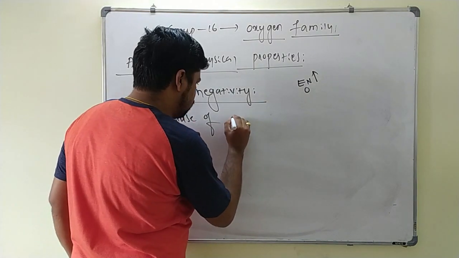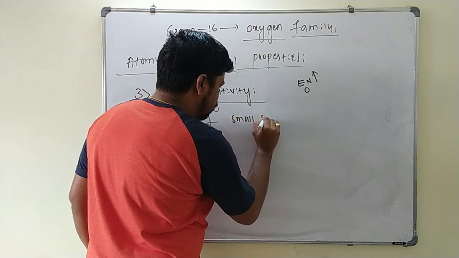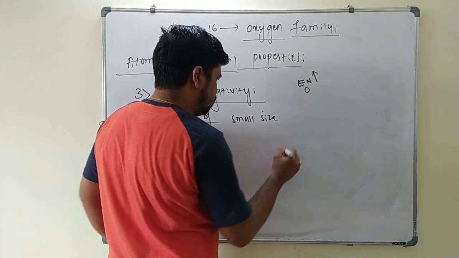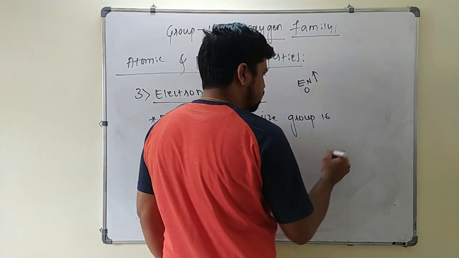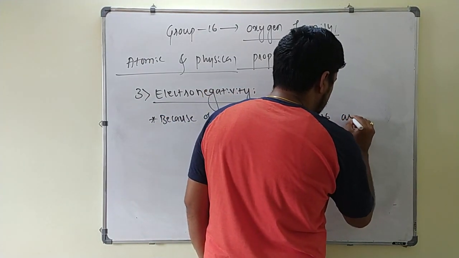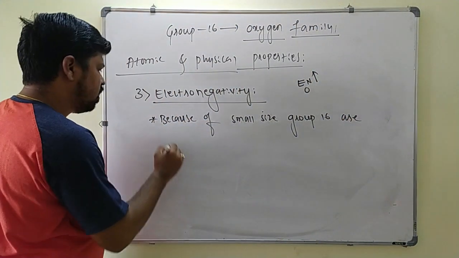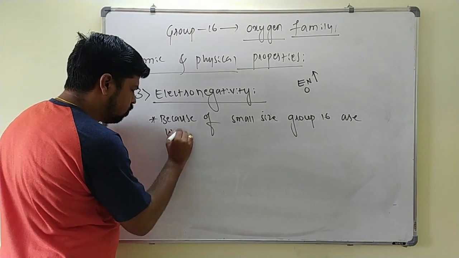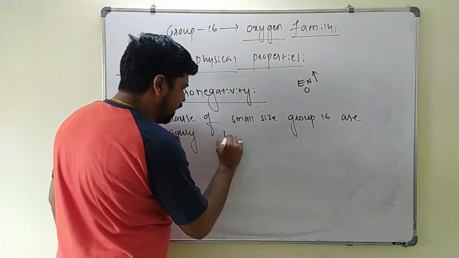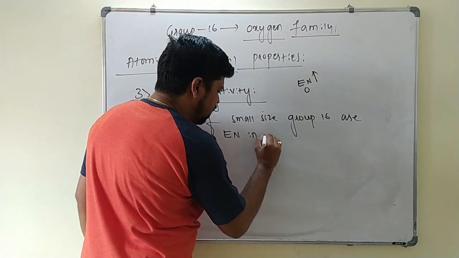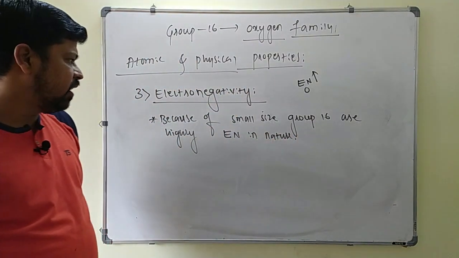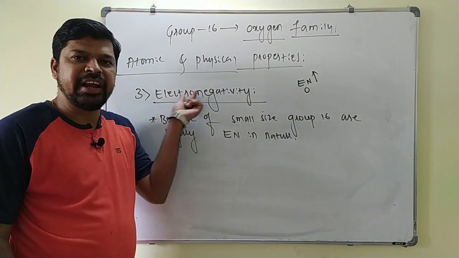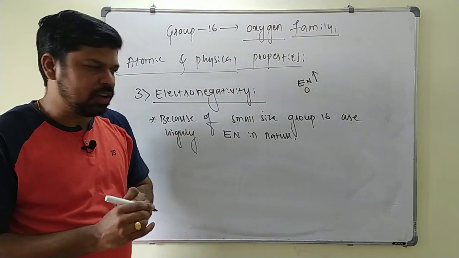Because of small size, group 16 elements are highly electronegative in nature. Already we know that electronegativity is very high for small size atoms.